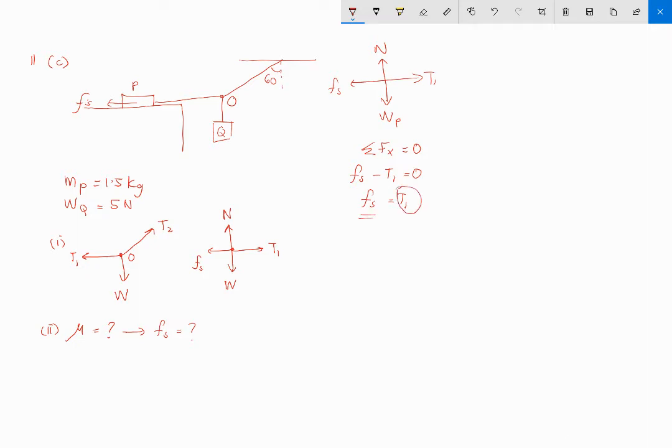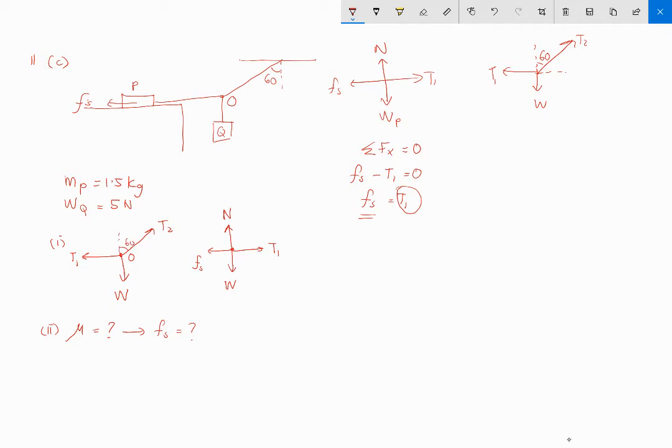Okay, so T1 ni selain daripada free body diagram block P, dia ada juga dekat dalam O punya free body diagram, this one. Okay, so you ada T1, kemudian you ada W, and then this one T2. Okay, so angle 60 degrees tu kita boleh pindahkan lah dekat sini. Okay, sama dengan dekat sini.